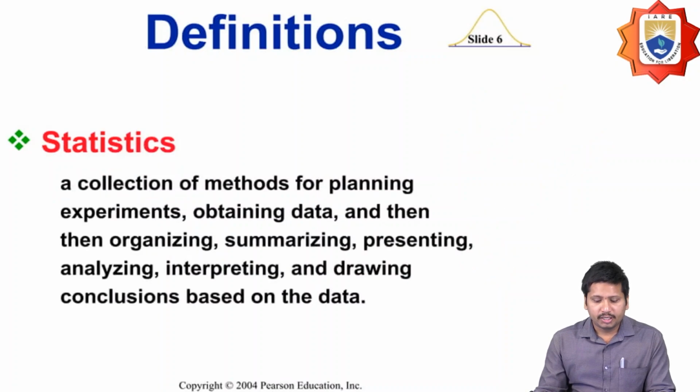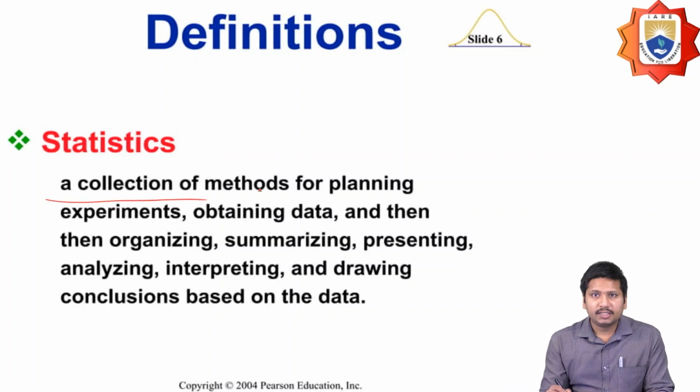The next one is statistics. Statistics is a collection of methods for planning the experiments and then obtaining the data, and then we are able to organize, summarize, present, analyze, interpret, and draw conclusions based on the data.